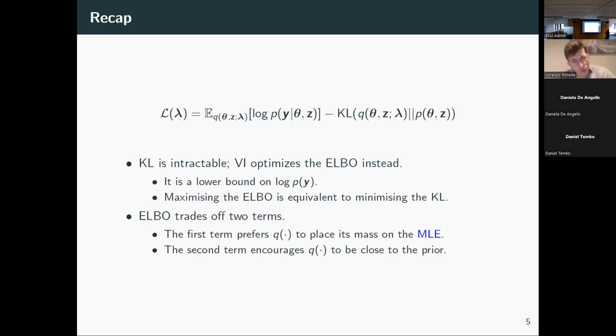Sorry, I missed what lambda was. Lambda is the variational parameter. Oh, yeah, okay. What was beta yesterday? Yeah, but I'm using lambda. So Q tries to put its mass at the MLE, and then you penalize the KL divergence between Q and the prior so that you have a more diffused density.